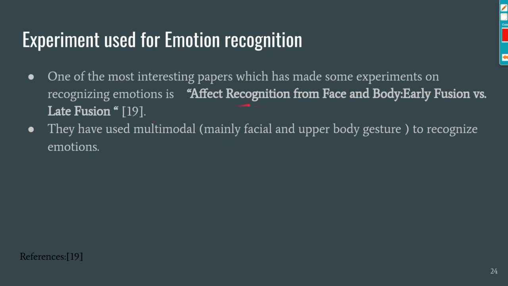I've chosen this paper because facial expression alone gives some results, but when you add the upper body gesture, it enhances the accuracy, which we will see later. I would like to emphasize the importance of using body gestures as well as facial expressions to detect emotions.